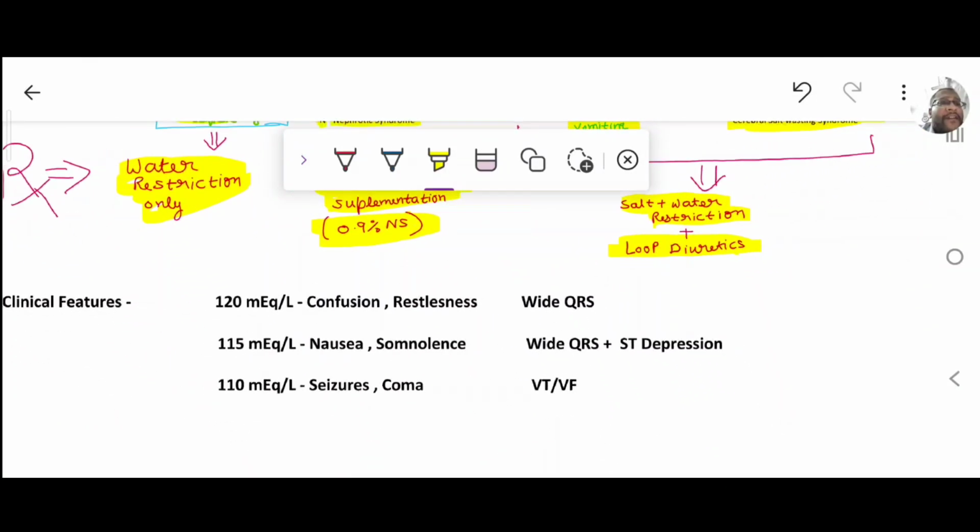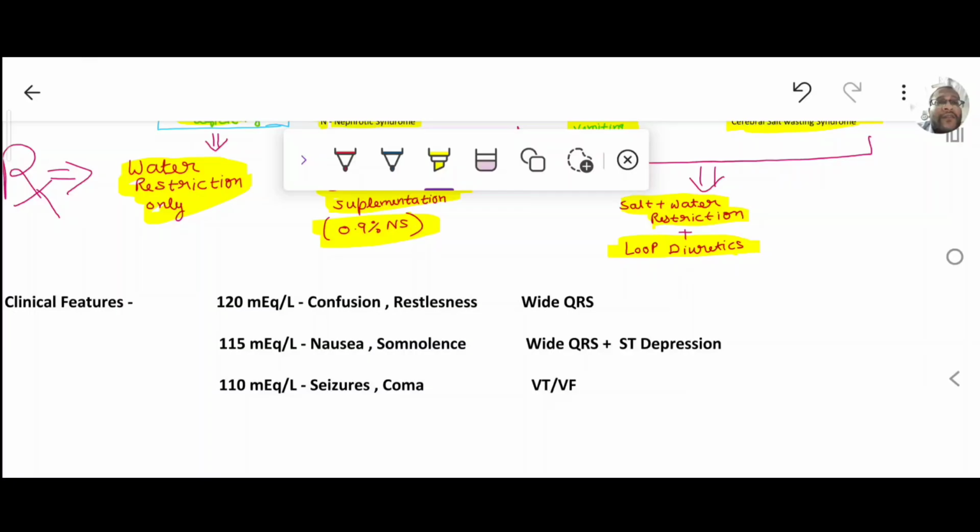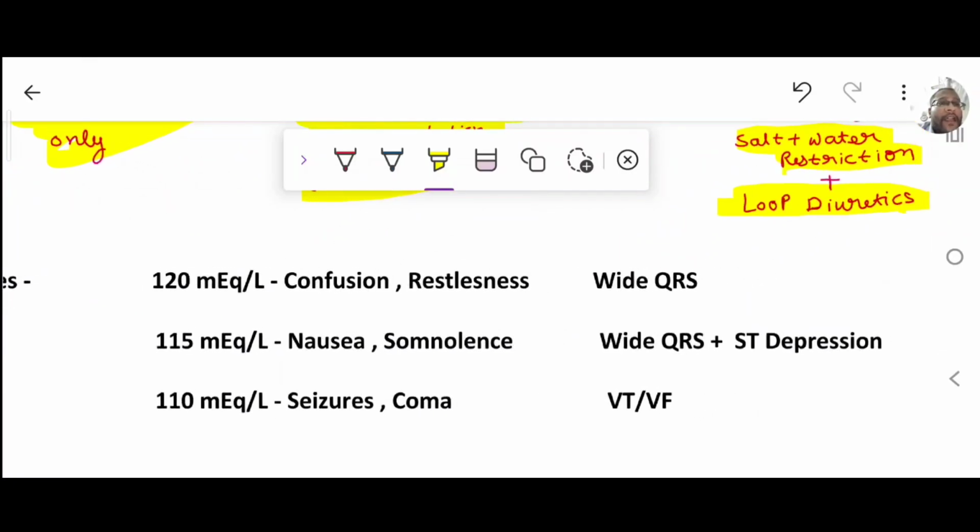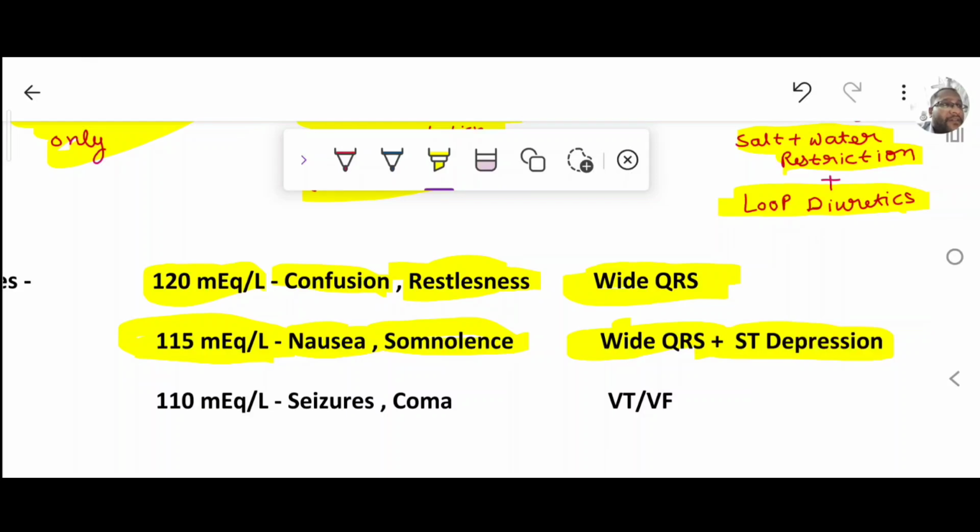Next, what are the different clinical features based on the serum sodium levels? If the serum sodium level is around 120 milliequivalent per liter, then there will be confusion and restlessness, and the ECG will show a wide QRS pattern. If it is about 115 milliequivalent per liter, then the clinical features will be nausea and somnolence, and the ECG will show wide QRS plus ST depression.